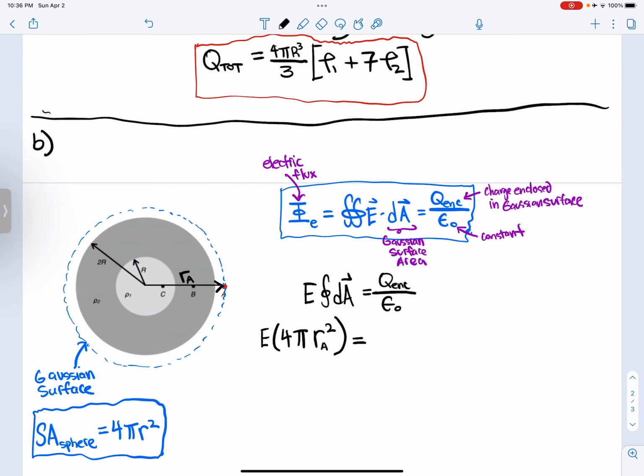I'm just going to copy that down for charge enclosed: 4 pi r cubed over 3, times, I'll just use parentheses, rho 1 plus 7 rho 2. Okay, and I won't forget this epsilon naught on the denominator, so I'm just going to put that down here.